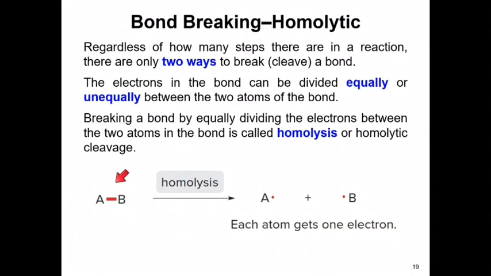So if you have two bonding electrons, you distribute them evenly among the two atoms. One electron will go towards atom A, and the other electron will go towards atom B. So this is what it means to break a bond via homolytic cleavage.